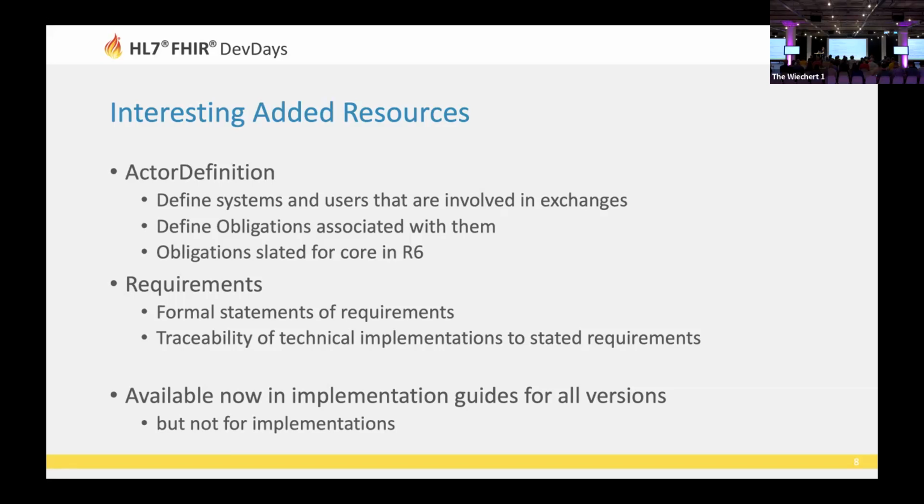And we're starting to see them appearing in implementation guides. The editors are working on them, and obligations are slated for core in release 6, and Lloyd is going to talk about this stuff in more detail later today.